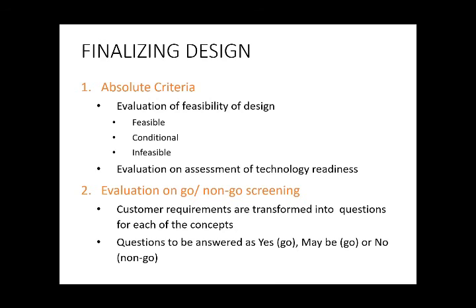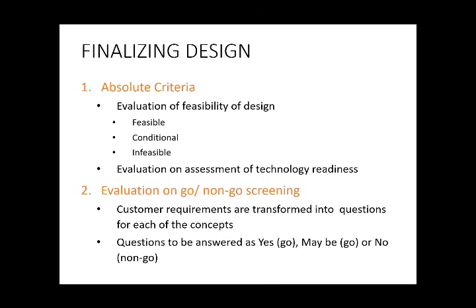So that is one criteria of finalizing the design, whether the technology is available and whether the design is feasible or not. The second method of finalizing design is by doing an evaluation called go or no go screening. In go or no go screening, we list all the customer requirements and we answer these customer requirements.